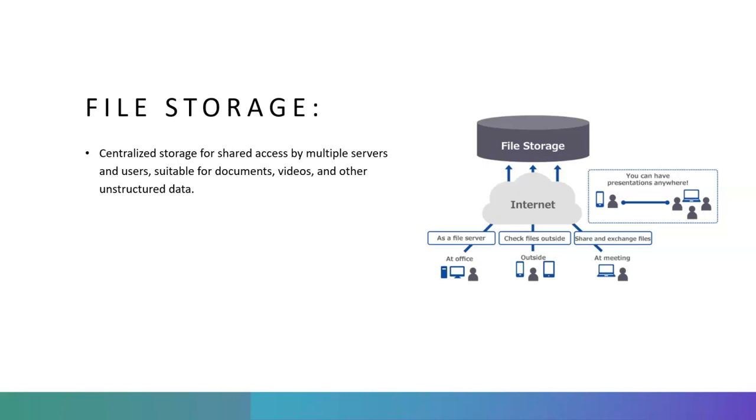At the office, we have a file server. We check files outside and we share and exchange the data from it. So you can present anywhere by using the centralized storage system. Both of them have pros and cons.